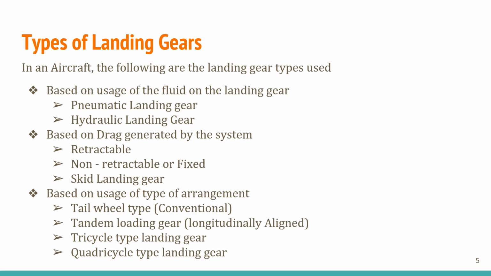Based on the arrangement of the wheels, there is the conventional tail wheel type landing gear in which the wheels are arranged in a conventional manner, and the next is the longitudinally arranged tandem landing gear, tricycle type landing gear and quadricycle type landing gear.